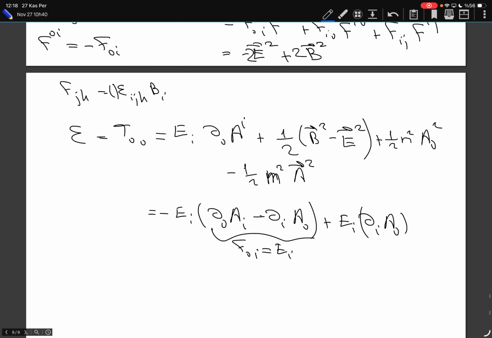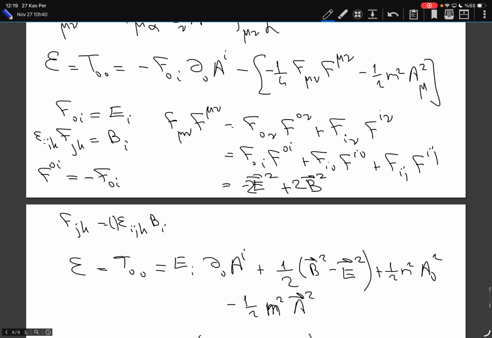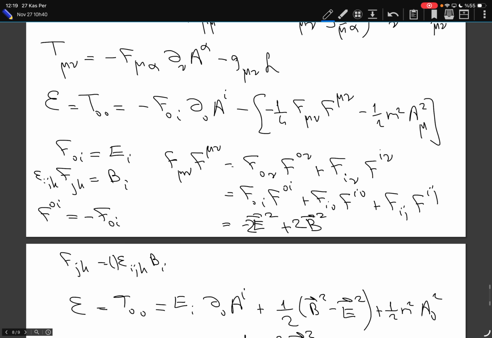Let me write it out explicitly. Plus 1 over 2 (B squared minus E squared) plus 1 over 2 M squared A_0 squared minus 1 over 2 M squared A squared. Okay, so I seem to have missed some signs somewhere.